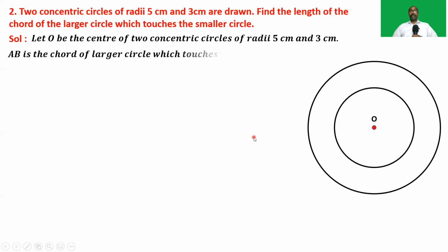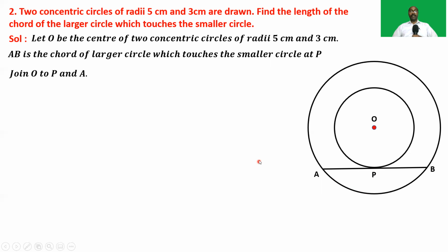And AB is the chord of larger circle which touches the smaller circle at P, like this. Now we have to find the length of AB.